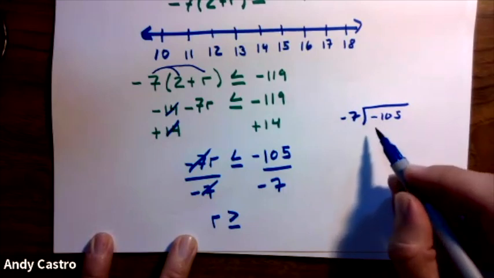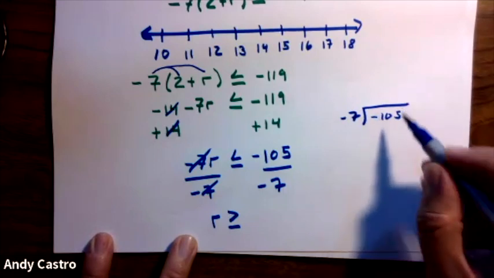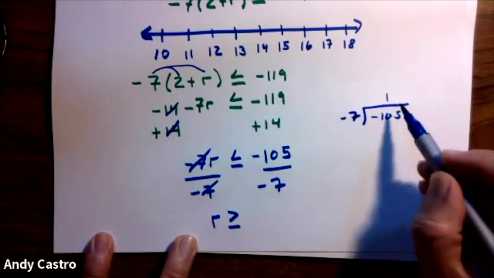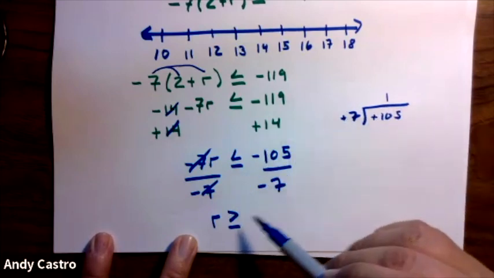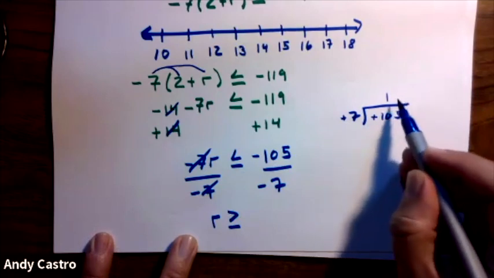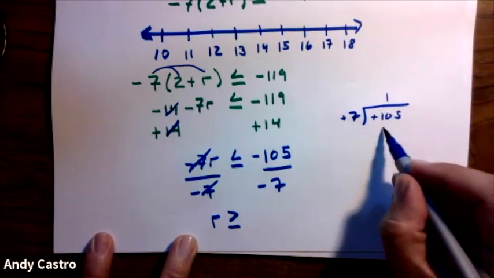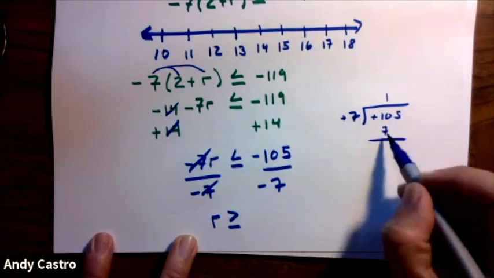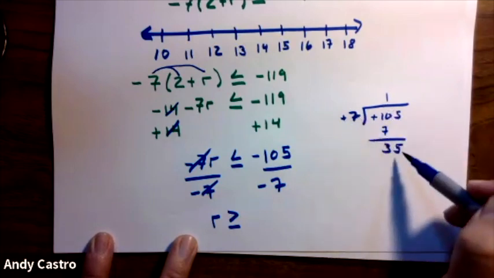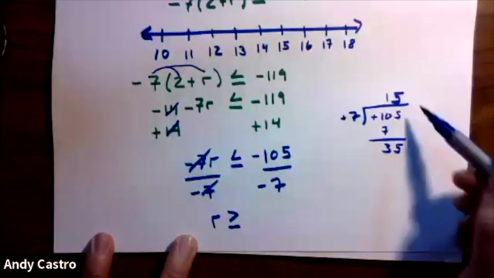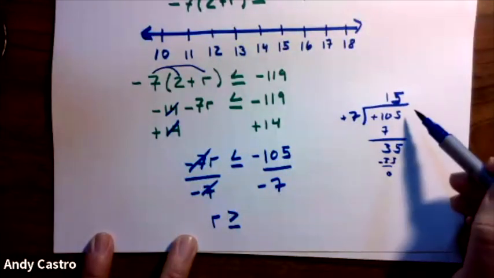Negative 105 divided by negative 7. Negative 7 goes into 10 once. We'll take the negatives off for now. We know that a negative divided by negative is going to give me a positive, so we're just worried about the number. 1 times 7 is 7. 10 minus 7 is 3. Bring down the 5. 7 goes into 35 5 times, so that's 15. Yep.